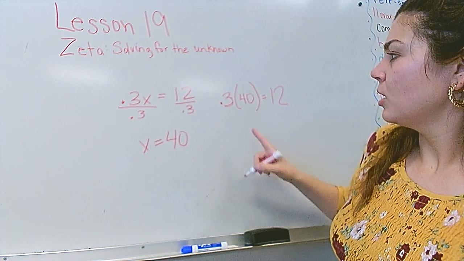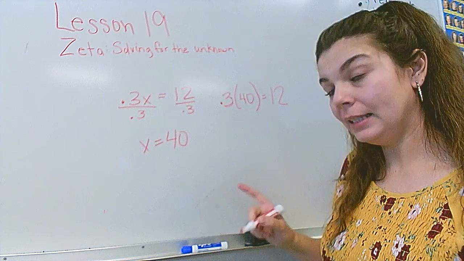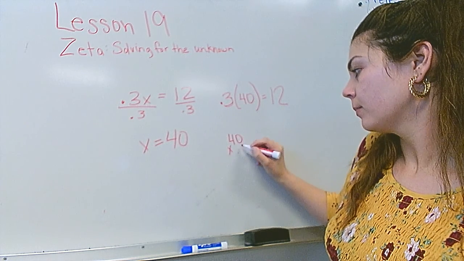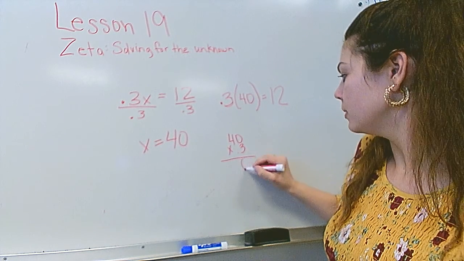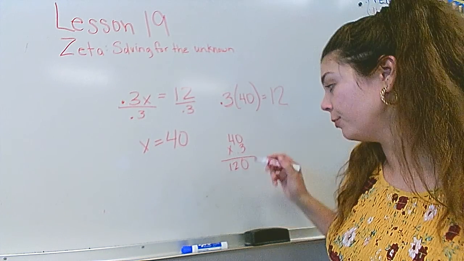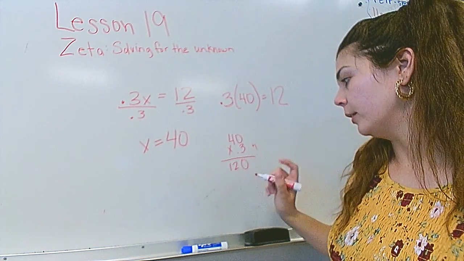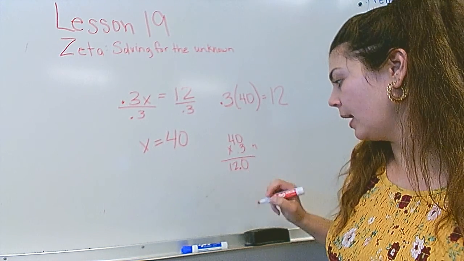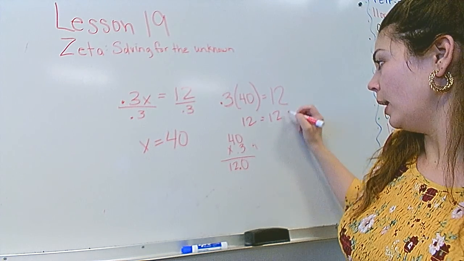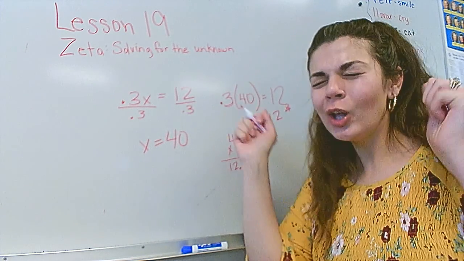Alright? So first thing I need to do is multiply. 40 times 0.3. 0, 12. How many spaces over does my stuff move? I've only got one here. Moves over one time, which equals 12 equals 12. We got it right. Woohoo!